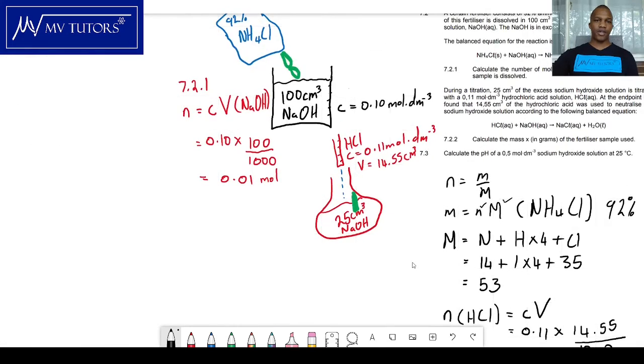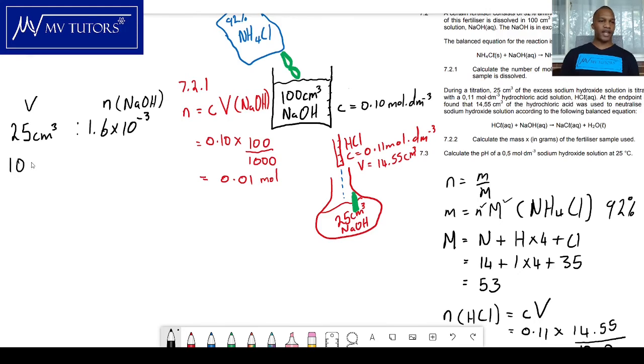Okay, so we know that in the 25 centimeter cubed, we have 1.6 times 10 to the power minus 3. That's the volume, and then this is not the concentration, but the number of moles of sodium hydroxide.